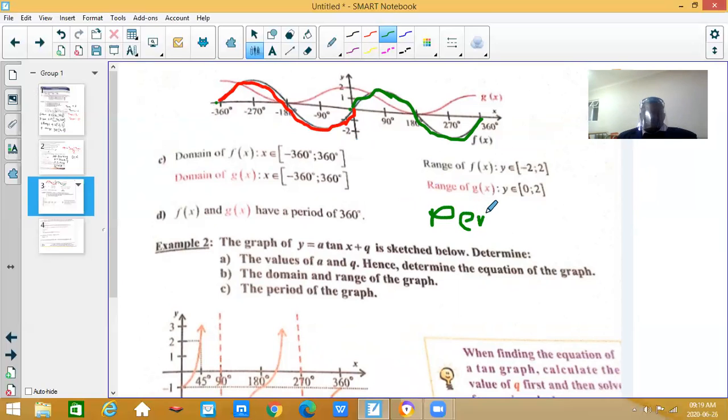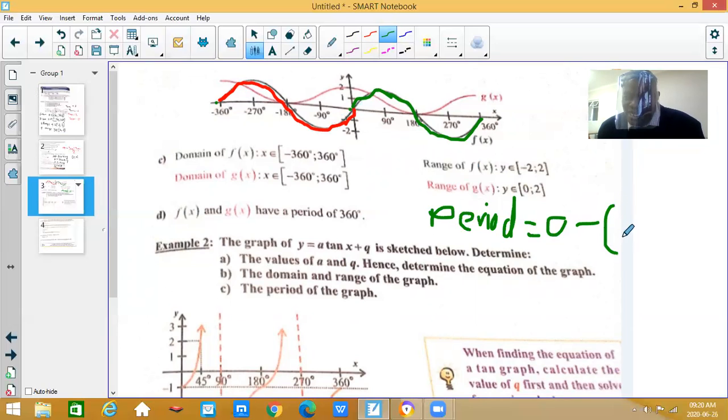Take note, what I'm explaining now in grade 10, you will see also in grade 11. The period is the value of x where the graph repeats. So you take 0 minus, you are taking this value, minus 360.